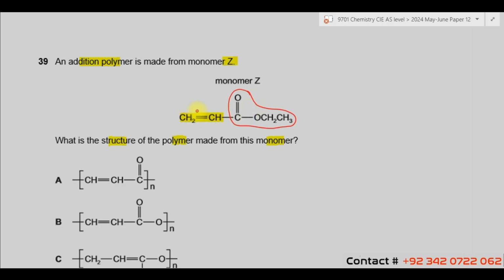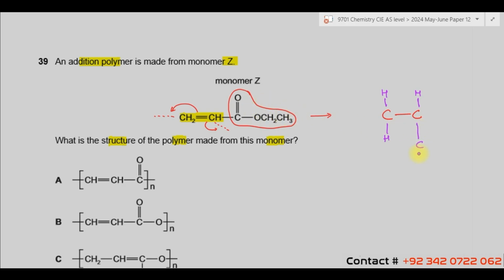When it forms polymer, one bond is formed on the left side, one bond is formed on the right side, and double bond converts to single bond. So we have these two carbons having 2 hydrogens on this one, hydrogen and this group on the other carbon.